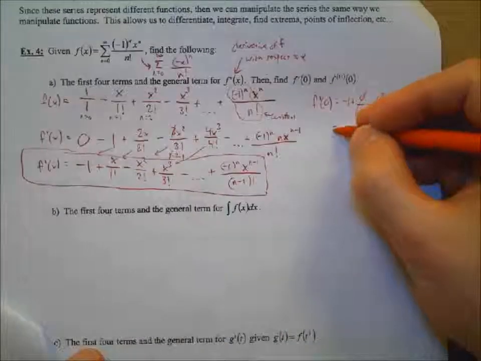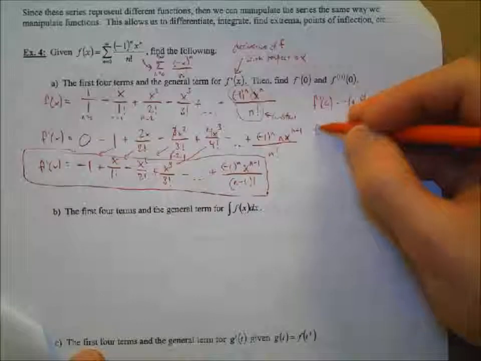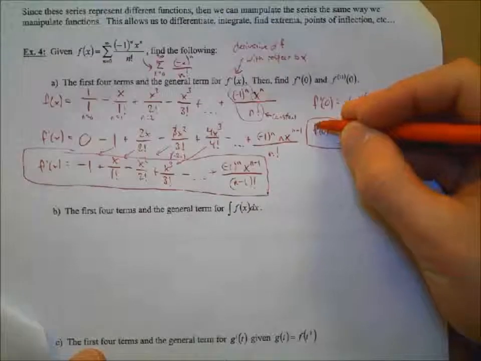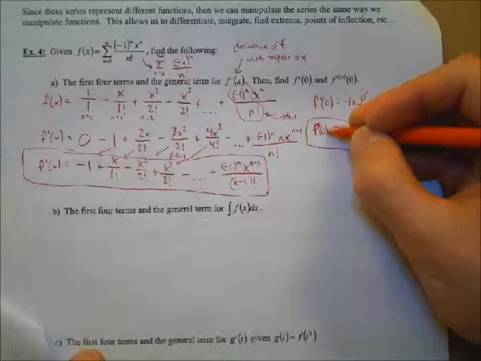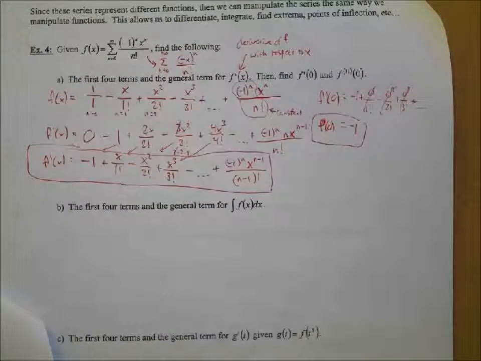And so we get exactly negative 1. So f prime of 0 is equal to negative 1. Now we want to find the 11th derivative.